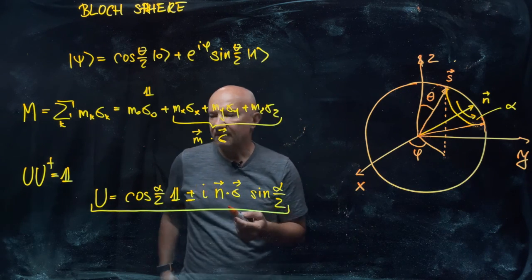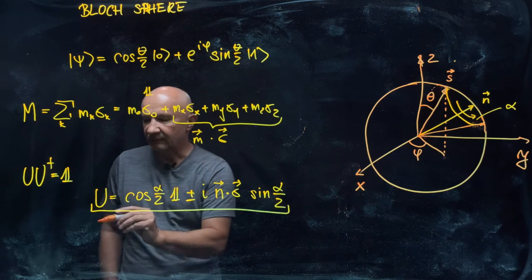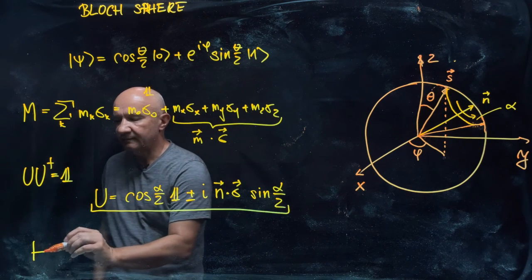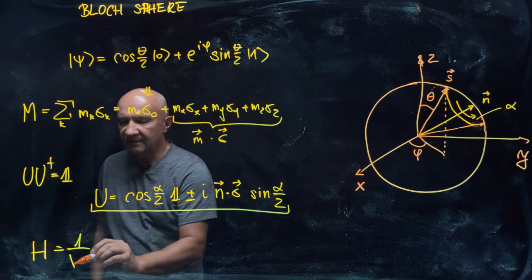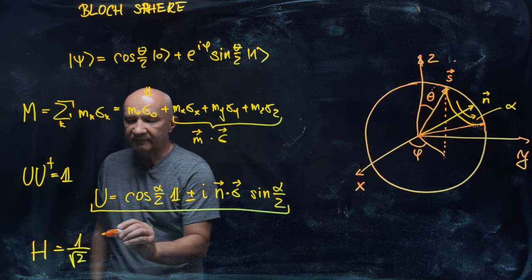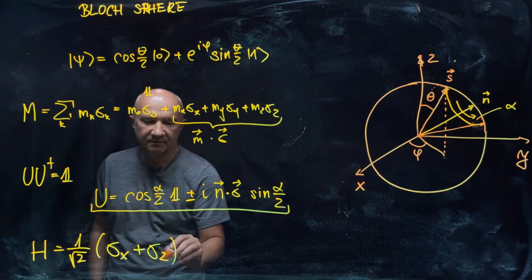In particular, the Hadamard can be written as 1 over square root of 2 times (sigma x plus sigma z).